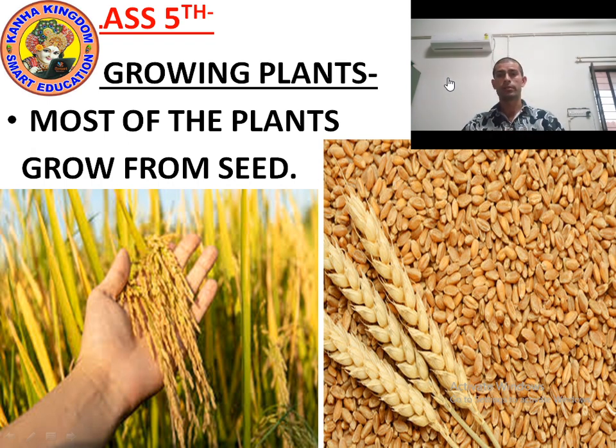Growing plants. There are different kinds of plants growing around us, like neem, apple, wheat, millet. You can see the picture of wheat on your screen. Can you see wheat?